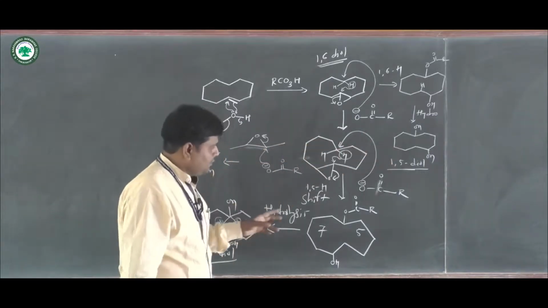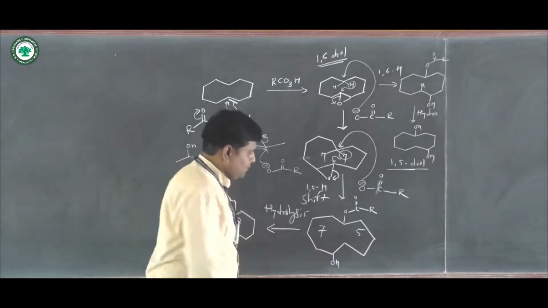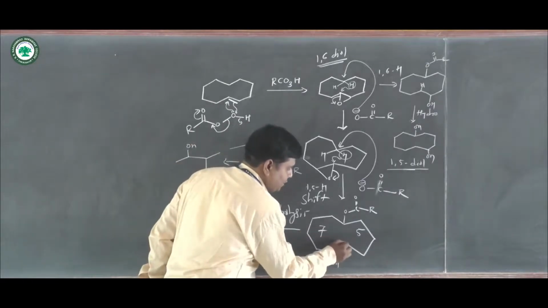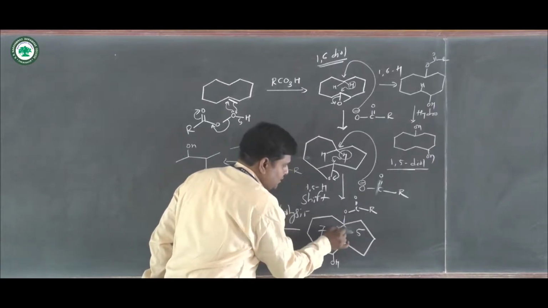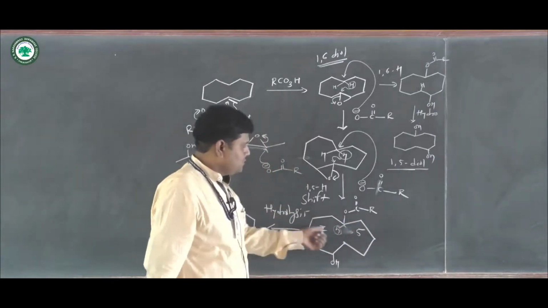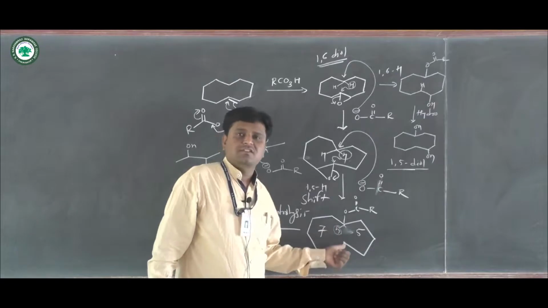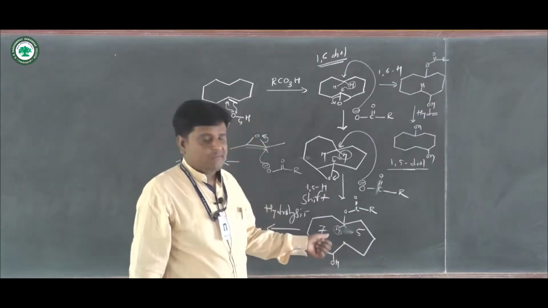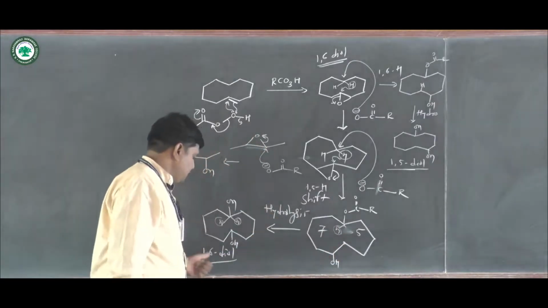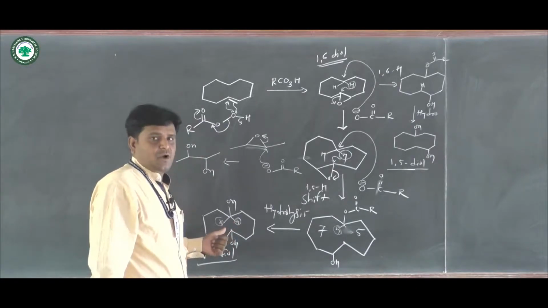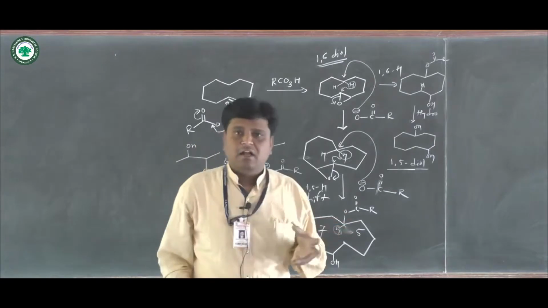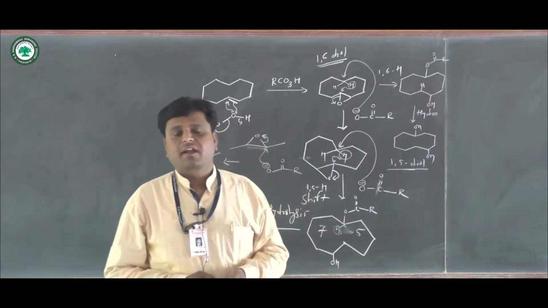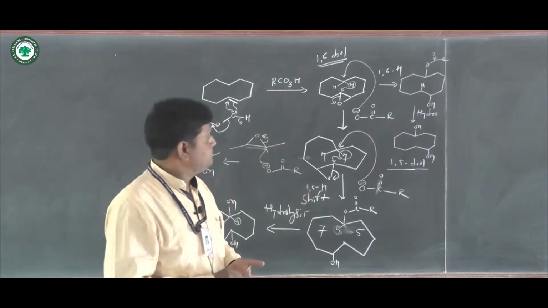But if the ring shape is changed, this 5th carbon atom is very close to these protons. So the shift of this proton is possible only towards this 5-numbered carbon atom, so that we get the 1,6 diol as a product. So remember this type of example, and many more examples are included in the transannular effect.